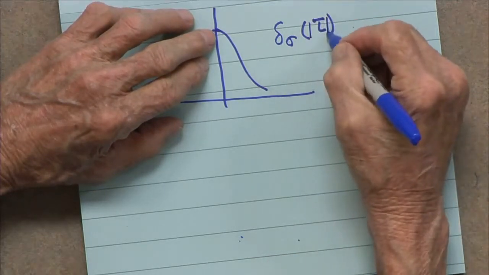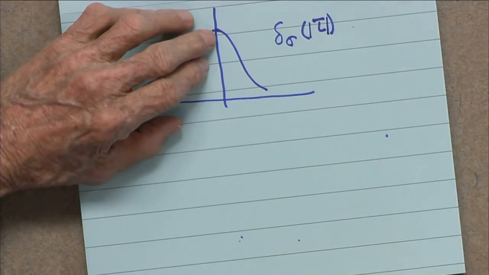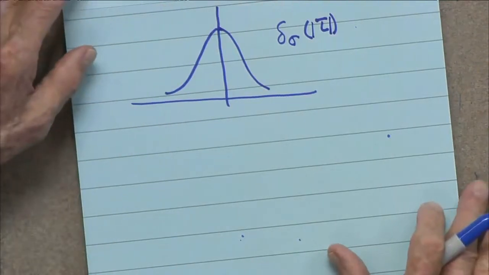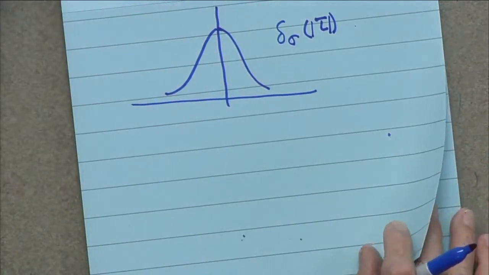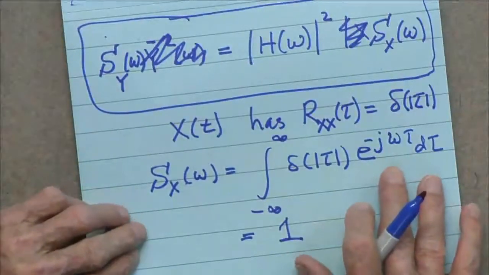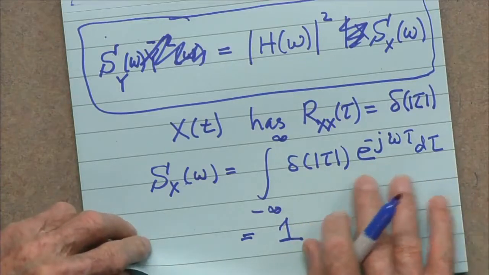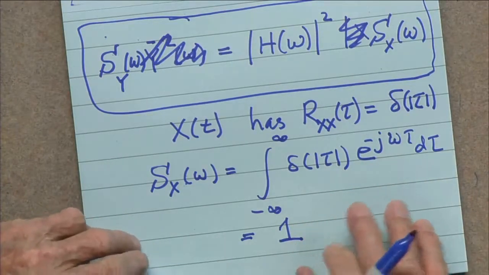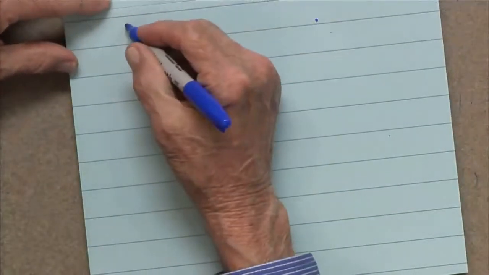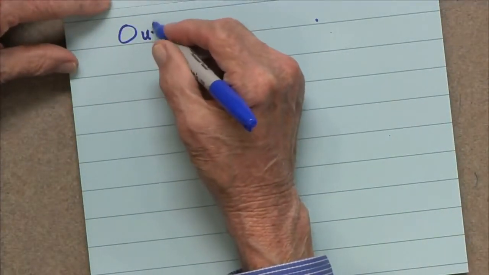Take the absolute value. So the input transform looks like that. Looks like it's 1. And so we have the output's power spectral density.